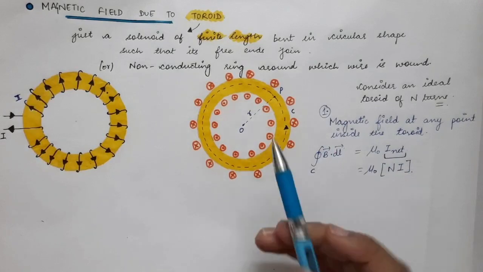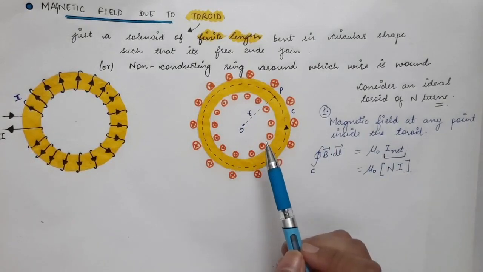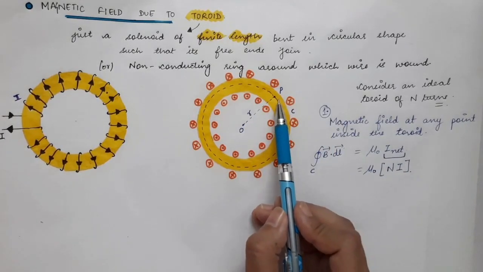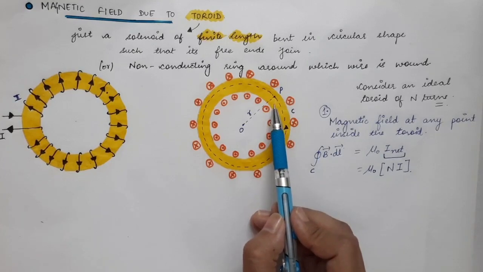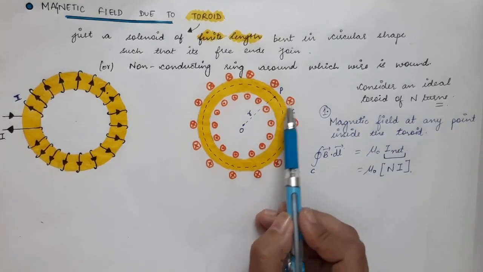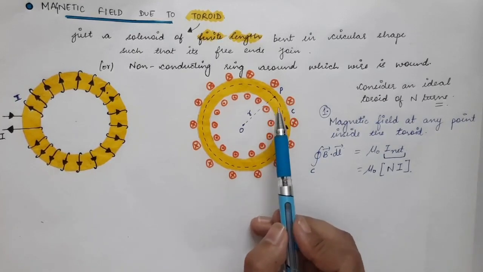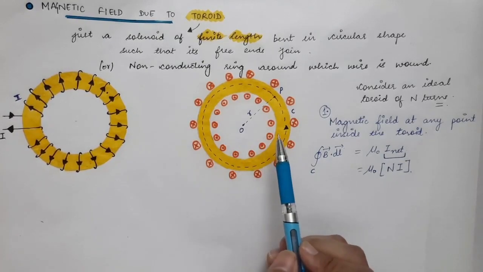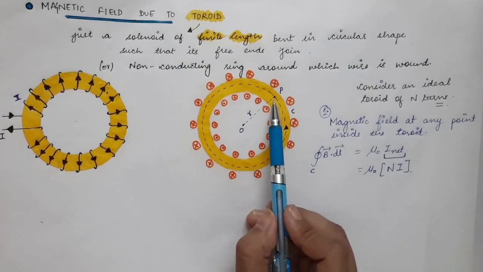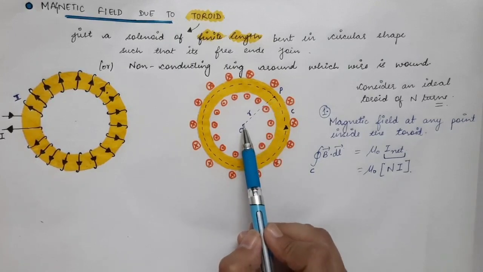Now according to the symmetry of this toroid, it is clear that the magnetic field lines inside the toroid, due to the current in the toroid, will be in the form of circles which are concentric with the toroid.